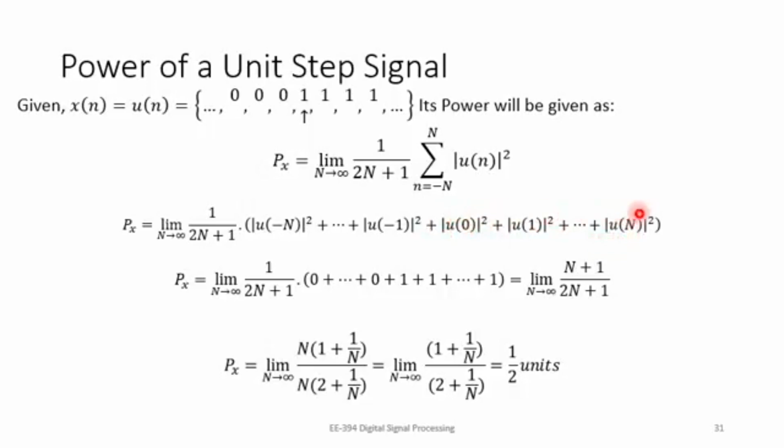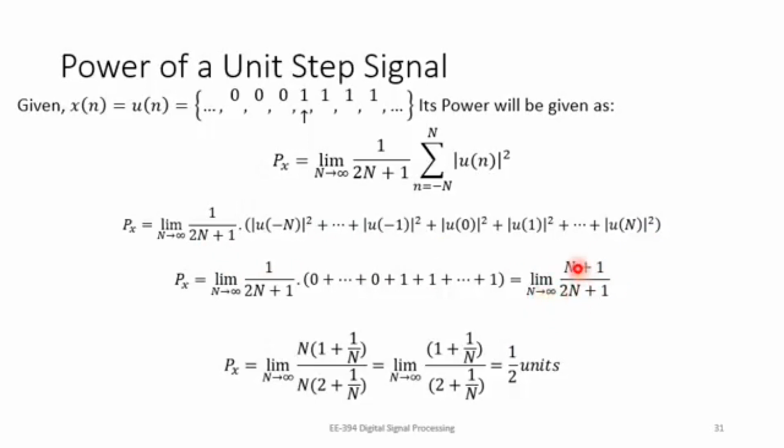So we add these ones and get n plus 1, because half of the population is 0, and from 0 till n we have got 1. So the total will be n plus 1, divided by 2n plus 1, and applying the limit n tends to infinity.